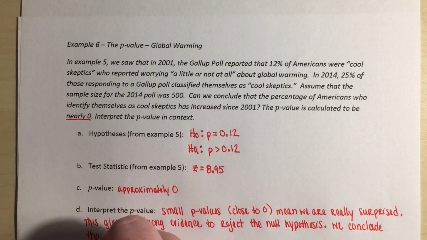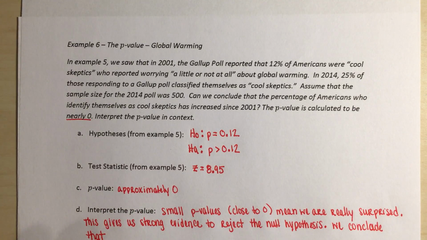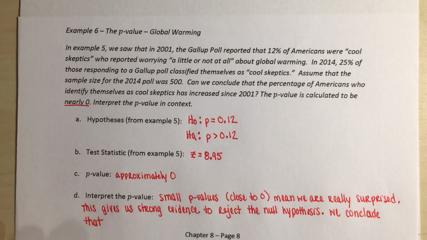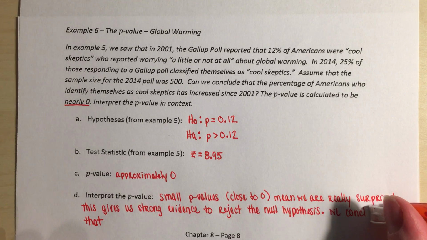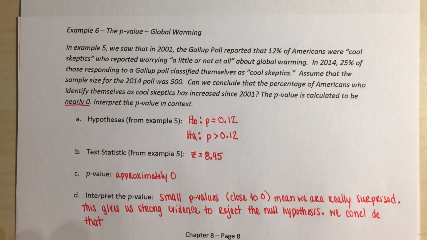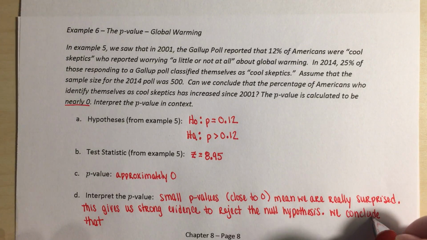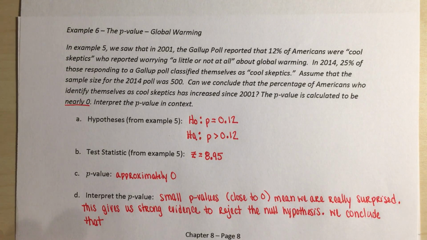that, all right, so when we get to this part of our interpretation, what I recommend and what you'll see me do as we go through examples on the next few pages is that what we decide to do about our null hypothesis, I'm actually going to mark in my problem. So I just said here, this gives us strong evidence to reject the null hypothesis.